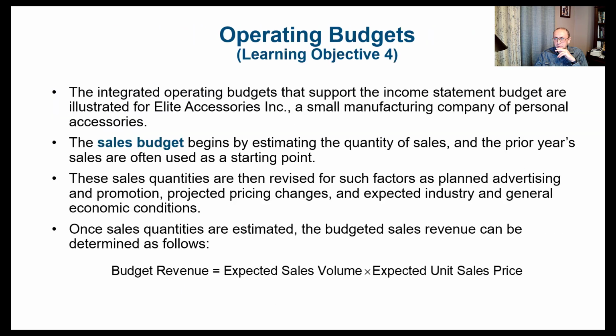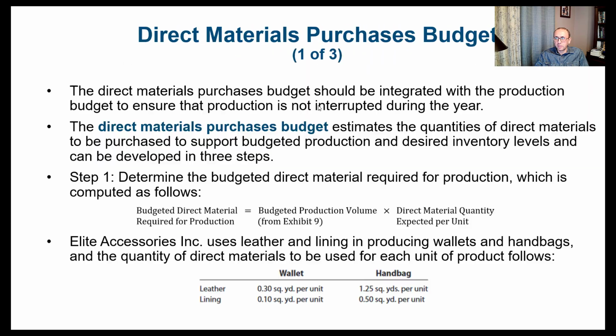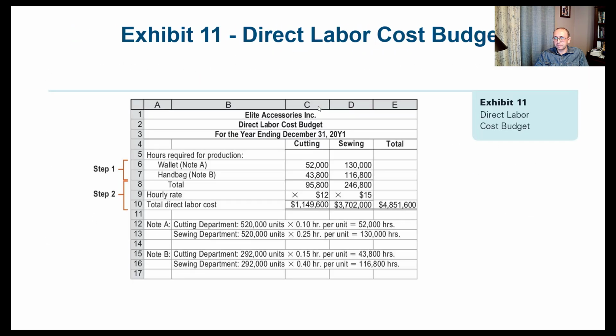When we have the sales budget, this is what we start with. It has an impact on the production budget, and it also has an impact on the selling and administrative expense budget. See these two arrows here? These are the two main budgets that are impacted by the sales budget. So the sales budget is our starting point. It's very important to remember that.